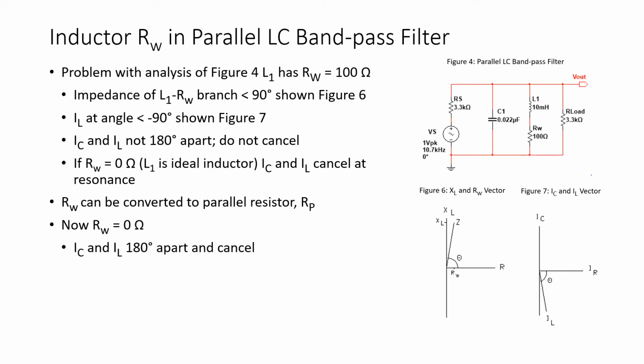So we need a means of making the wire resistance 0 ohms, so that IC and IL will cancel at resonance. We can do this by converting the series wire resistance to a parallel resistor. If I can do that, then IC and IL will be 180 degrees apart, therefore canceling at resonance.